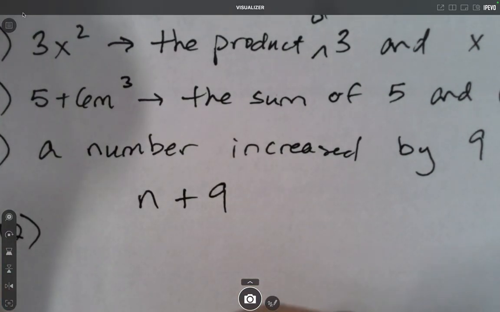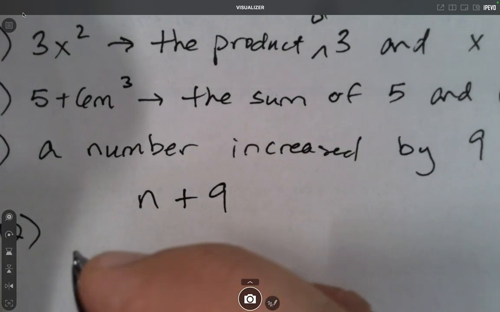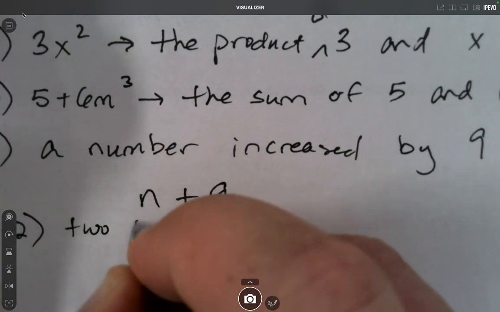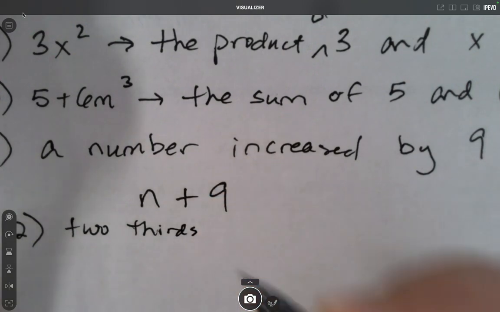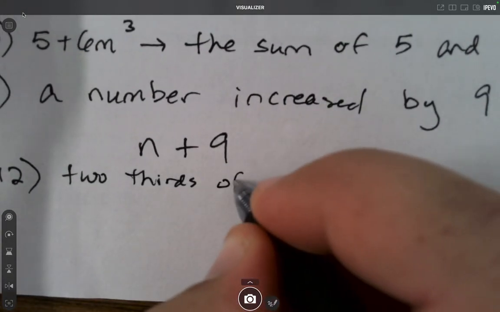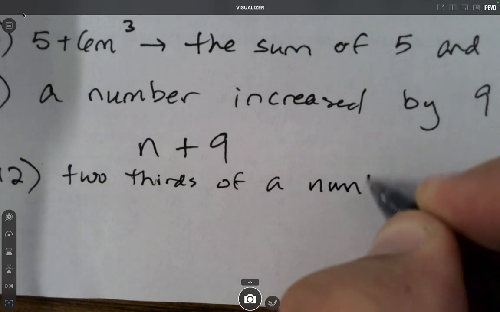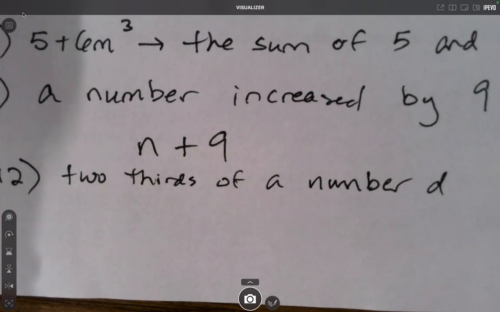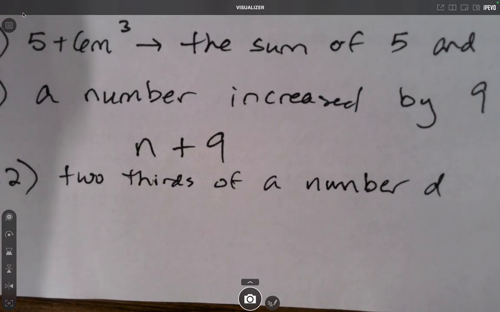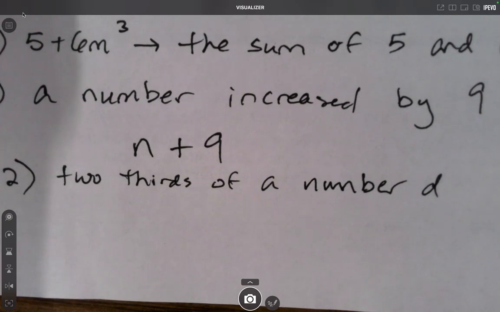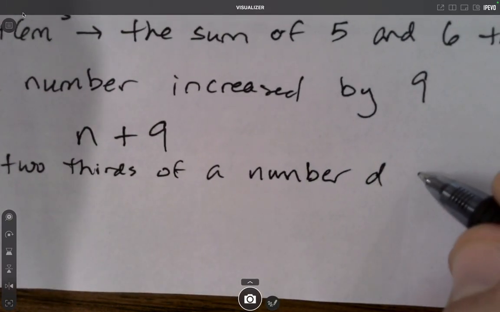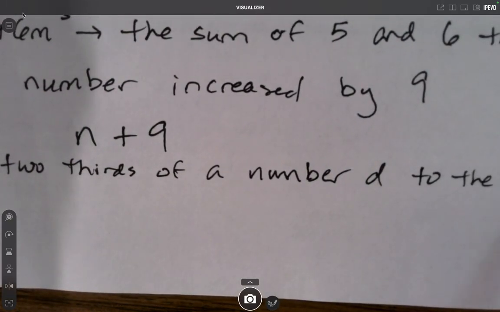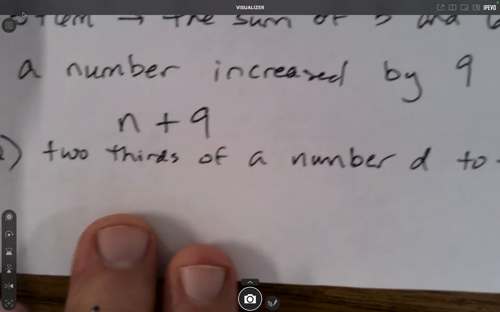Okay, 12. 2/3 of a number d. So they tell us what to use as the variable this time. 2/3 of a number d to the third power. Okay, so I'll scroll across so you can see.